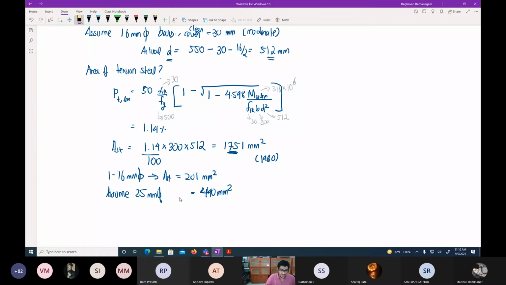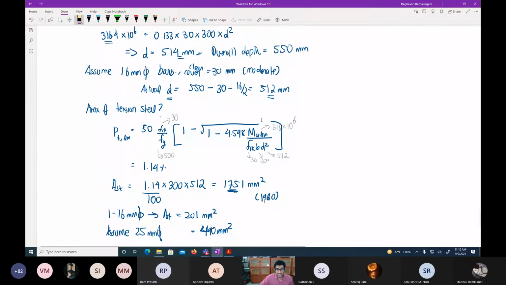Sir, in that you assumed the effective cover like 30 and the actual 16 by 2. When we consider 25 mm bar, the actual will change a bit. Yes, it will change a bit. For example, this d will become, instead of 512, 508 or something like that.